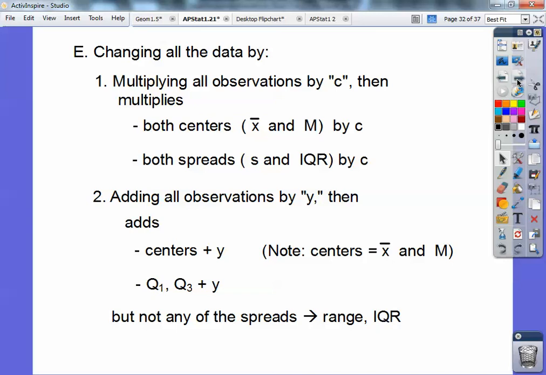It won't change your range or your IQR. The spread stays the same when you add, but when you multiply, everything gets multiplied.